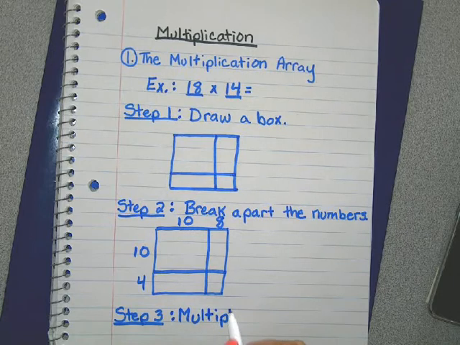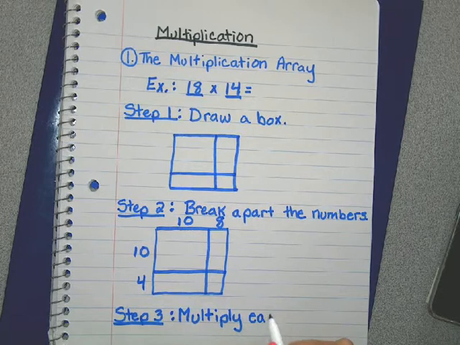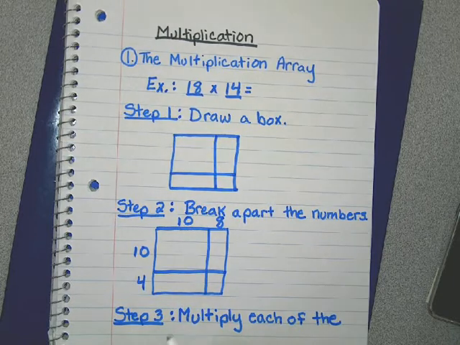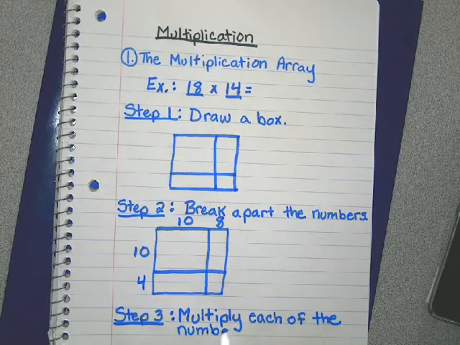Allison? Adding the numbers up. I need to multiply, don't I? Okay, so multiply each of the numbers together. I like how you said that.